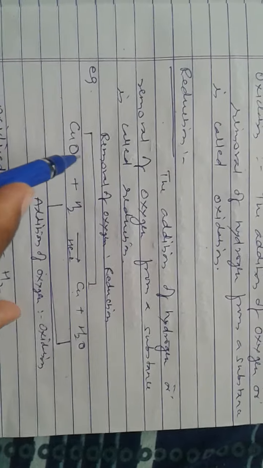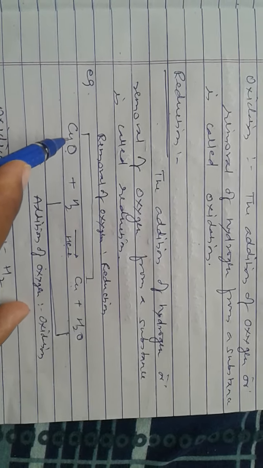As for example, CuO, copper oxide, plus hydrogen, on heating gives copper and H2O. So here you see CuO is converted into copper. That means removal of oxygen takes place. If removal of oxygen takes place, this is called reduction.